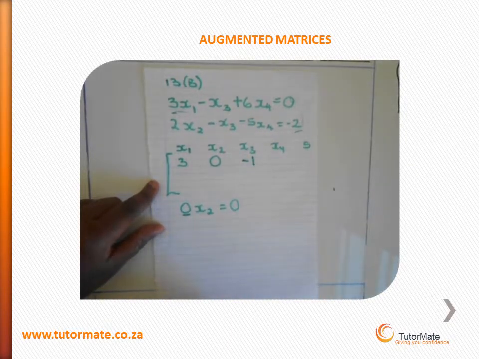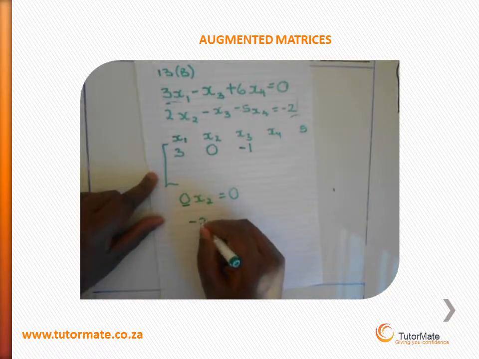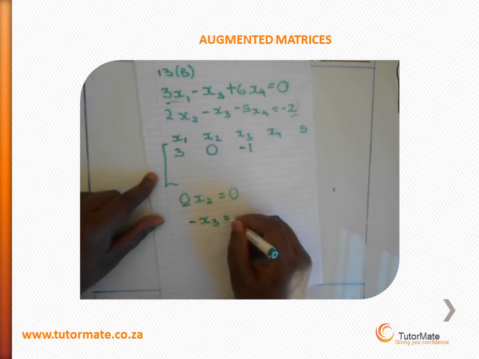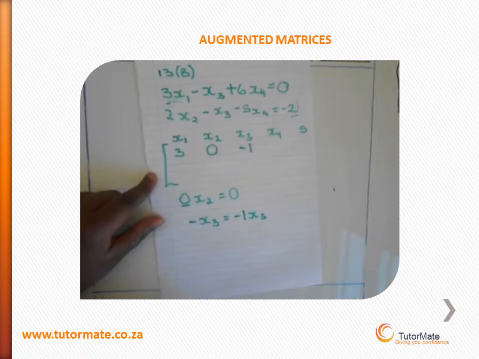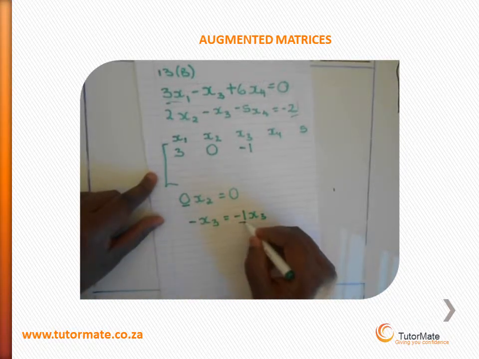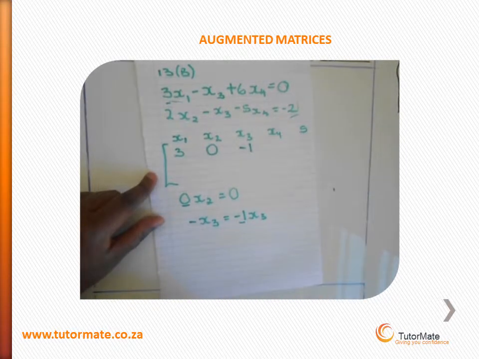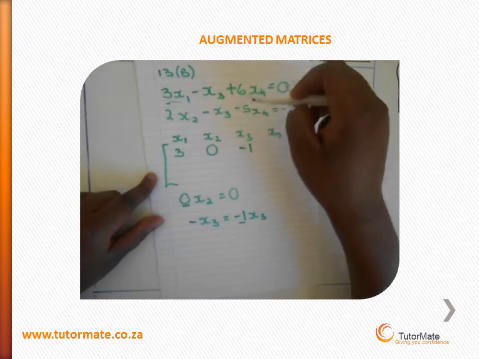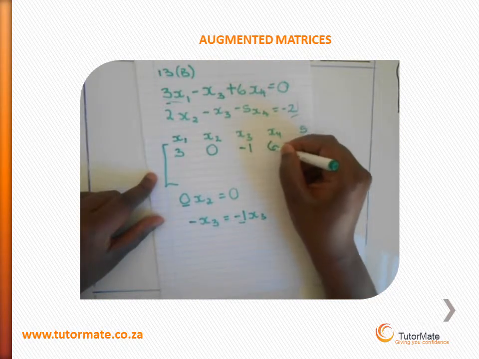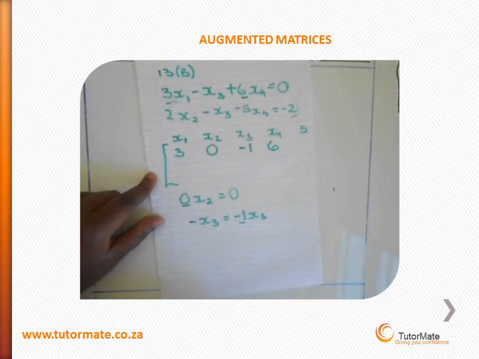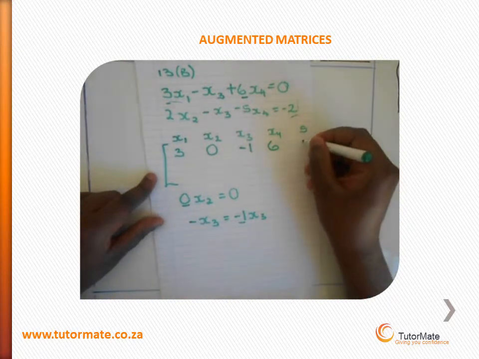Where did I get the minus 1? Minus x3 is the same as saying minus 1x3. Therefore, minus 1 is the minus 1 that I've put there. Then x4. On x4, I'm going to put 6, coming from here. Then on the solution set, I have 0.